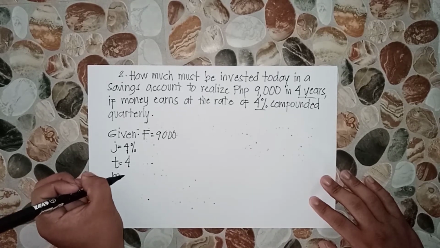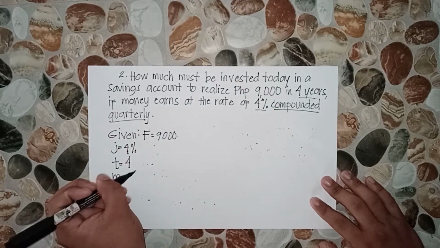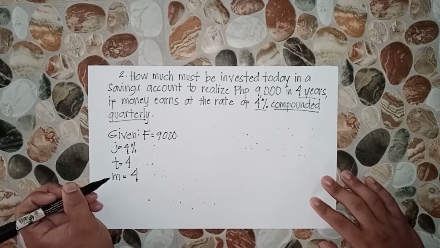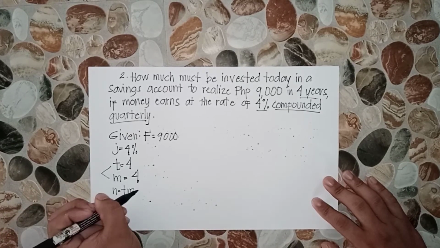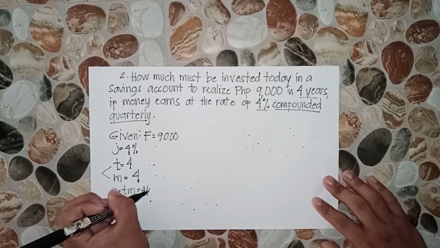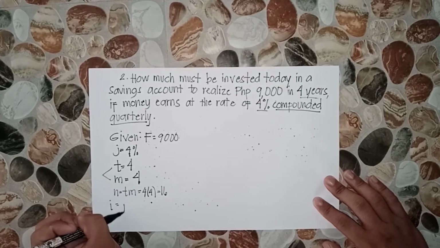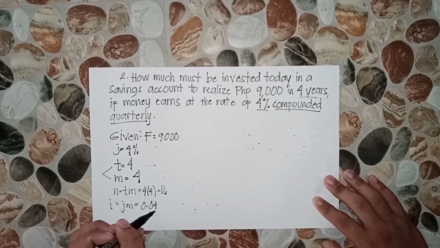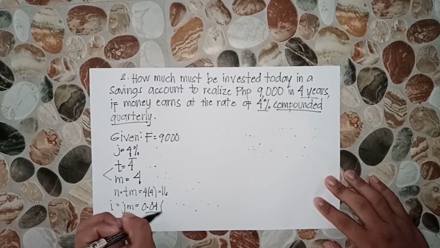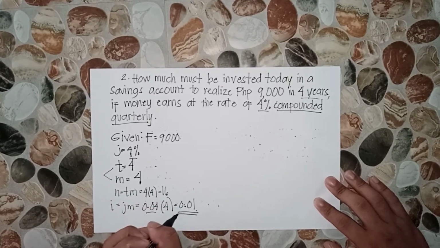Our m is equal to 4 because of the word compounded quarterly. Our n is t times m, or 4 times 4, which equals 16. Our i is j over m, so 0.04 over 4 equals 0.01.